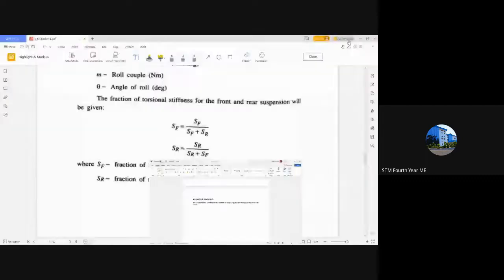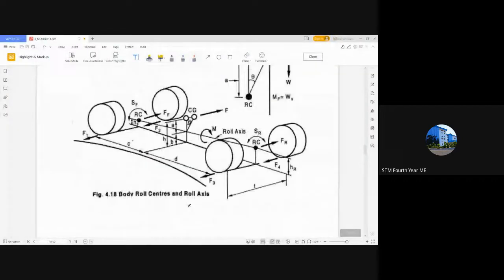Actually, a car is a rigid body, so there is no rotation of the car in this roll direction when it is moving. Rotating components are the gears, the propeller shaft, the differential, etc. But when it is flipping over or rolling about this roll axis, a twisting moment occurs.